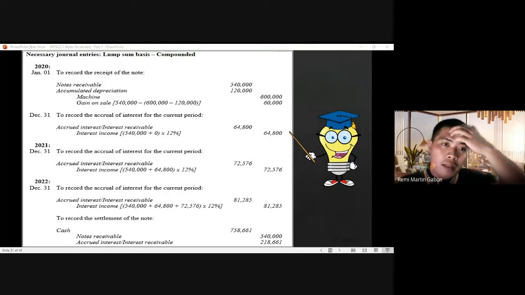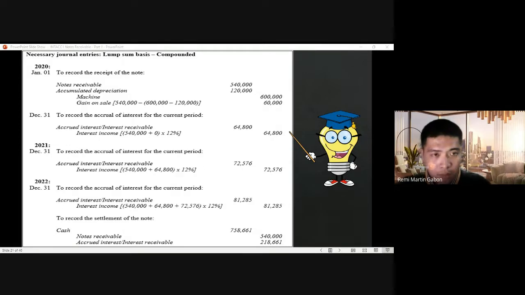Or if you want other explanation, then we can say 540,000 times 12%, 64,800. 64,800 of 2020 multiplied by 12%, that would be 7,776. Then the 72,576 of 2021 times 12%, that should be 8,709.12.